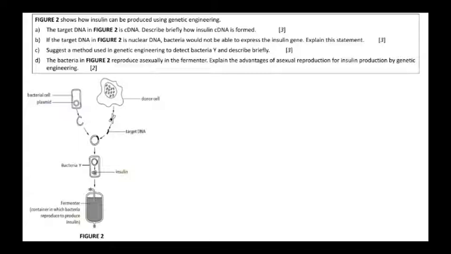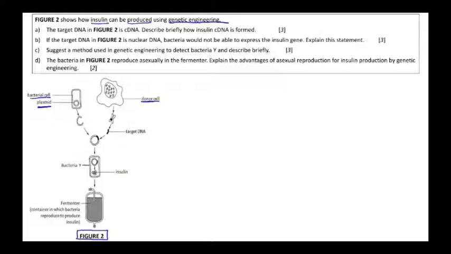The second question here is about using cDNA to produce insulin. The question says, Figure 2 shows how insulin can be produced using genetic engineering, which is this diagram here. You can see how the plasmid is isolated from the bacterial cell, as well as the target DNA is isolated from the donor cell.